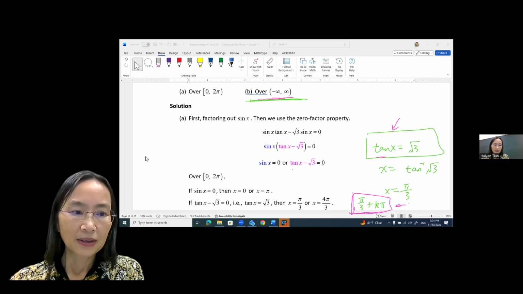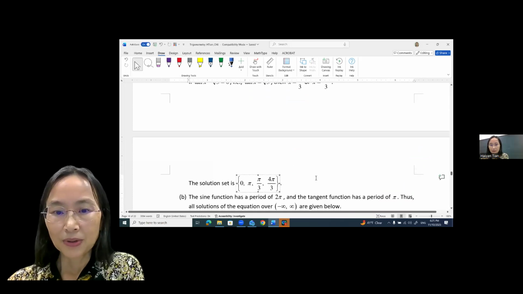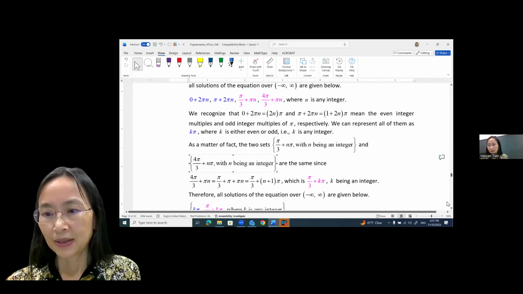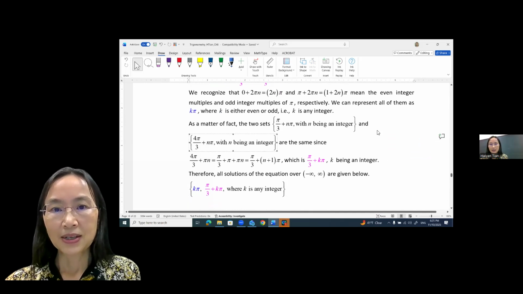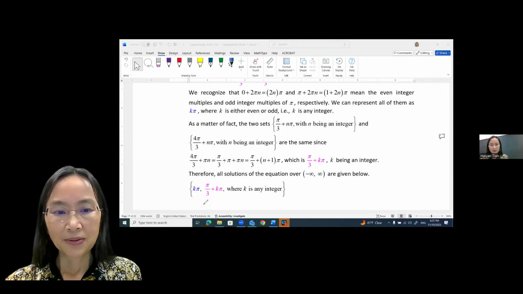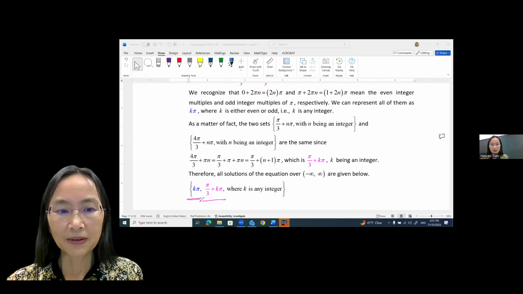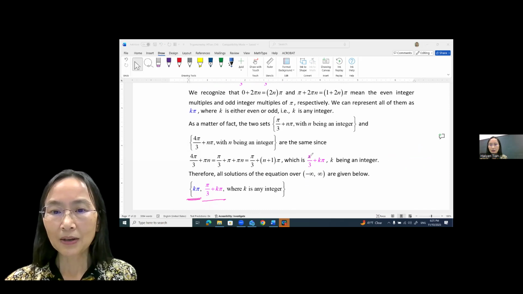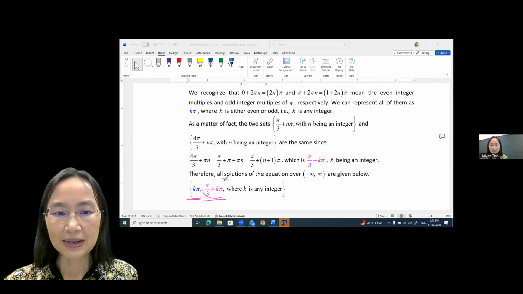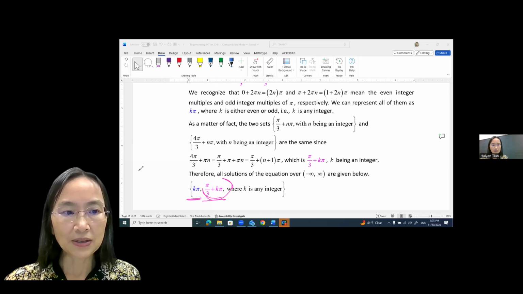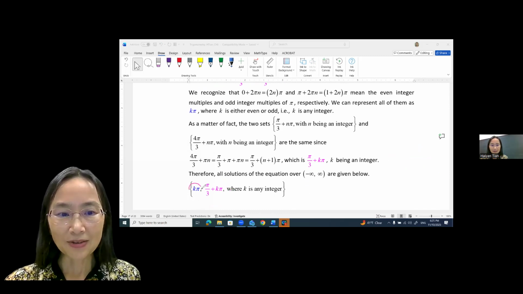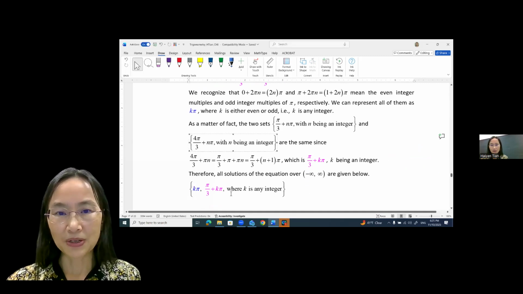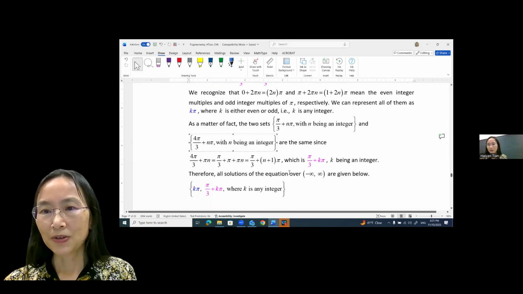That's why it's not surprising that when we try to find all solutions, we get this part and that part. Yeah, you do the color coding, because this one is for tangent x to be square root of 3, and the blue one is for sine x to be 0. So you see, together they are all possible solutions for the trigonometric equation.